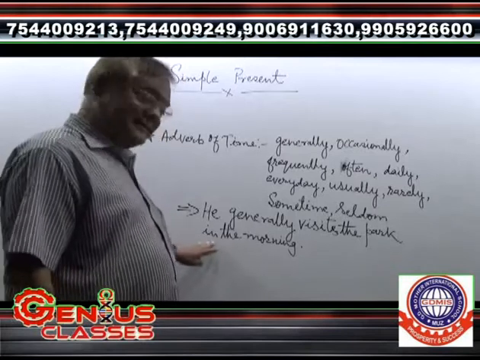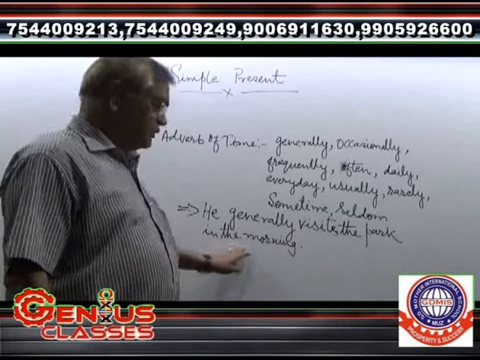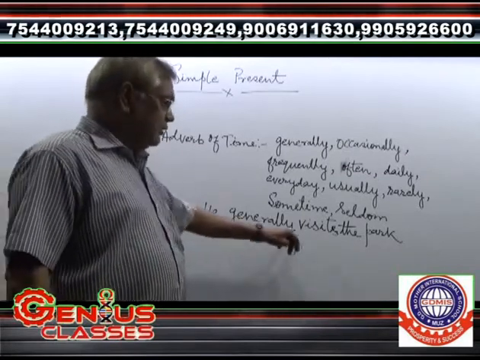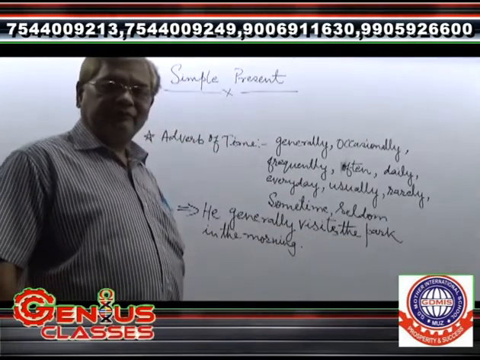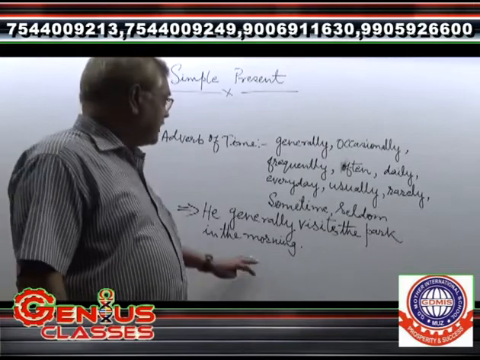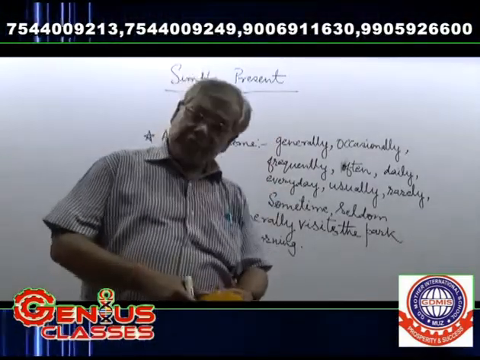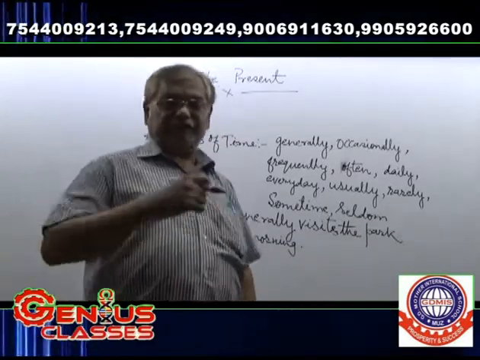Since it is started with a preposition generally, it is called a phrase. So he generally visits the park in the morning. So this kind of adverb of time may also be used in terms of the simple present tense.